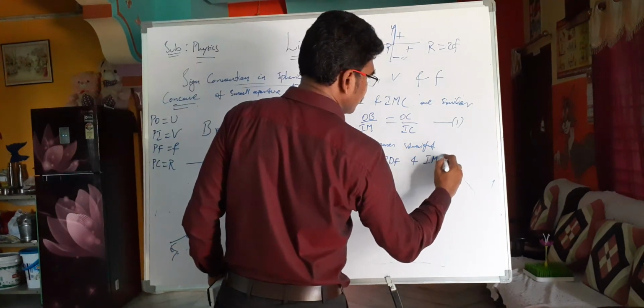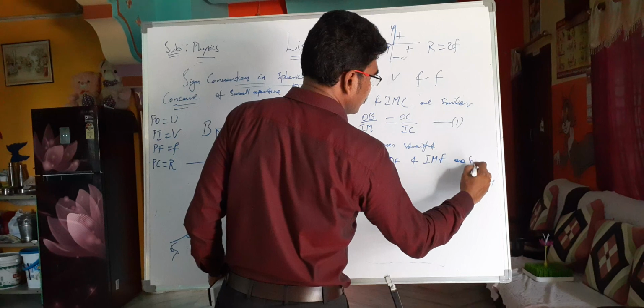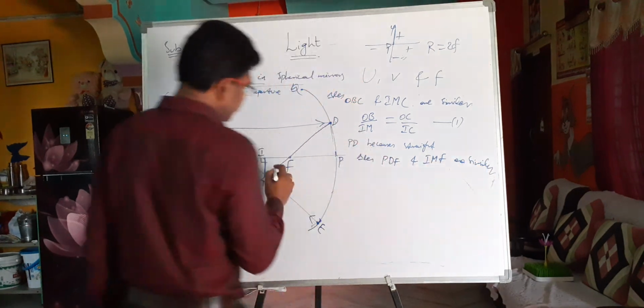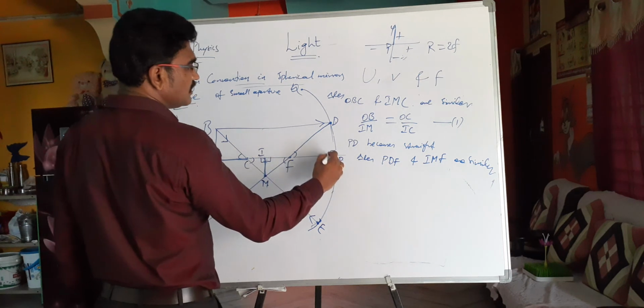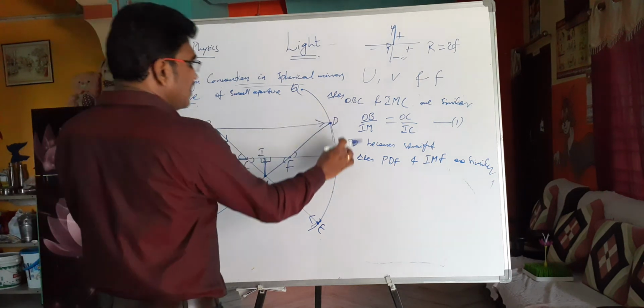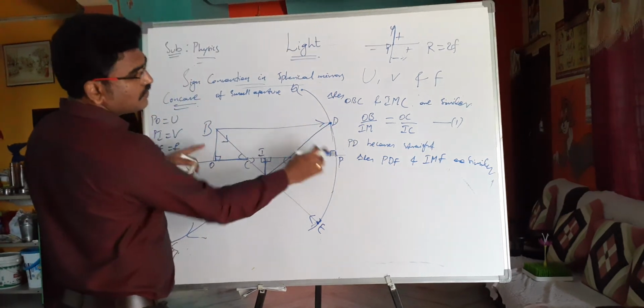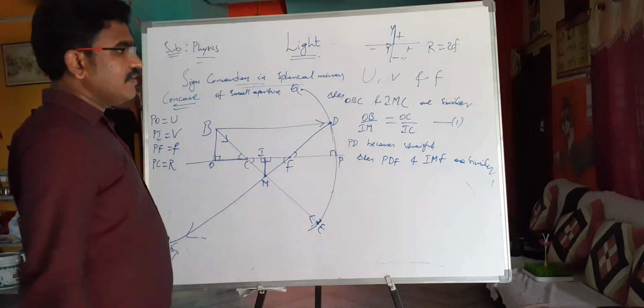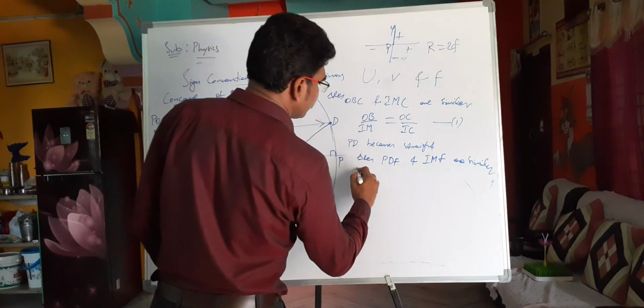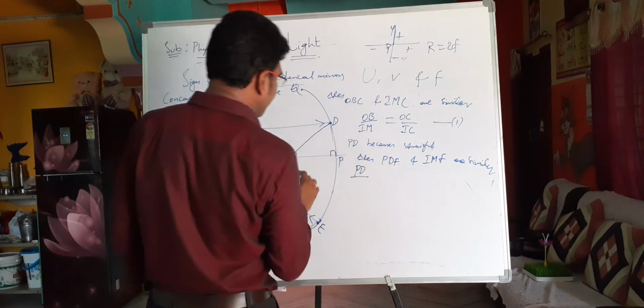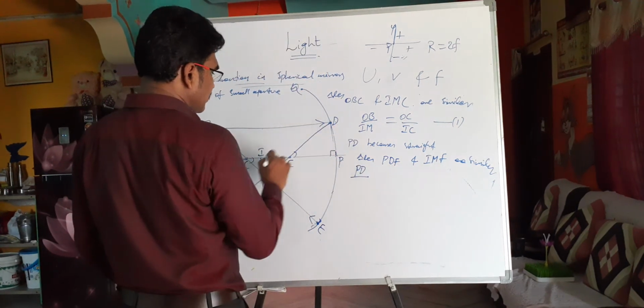are similar. How can you say they are similar? This angle is equal to this angle, and this angle is equal to this angle. This holds on the condition that BD is near to the principal axis. When it is near, they are similar. If they are similar, again what can I say?